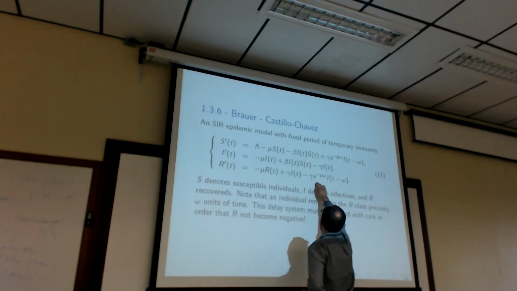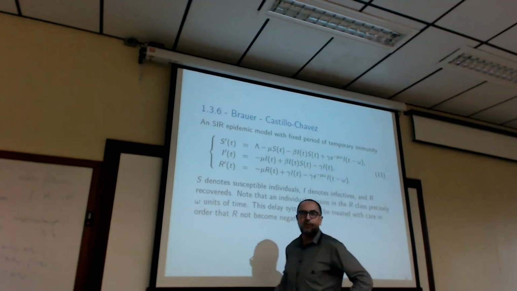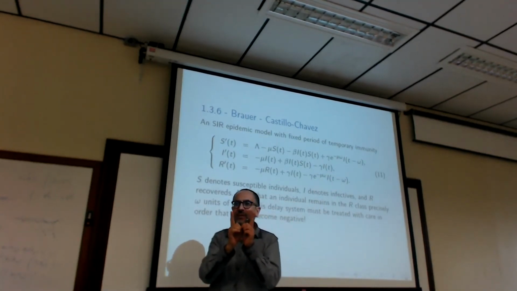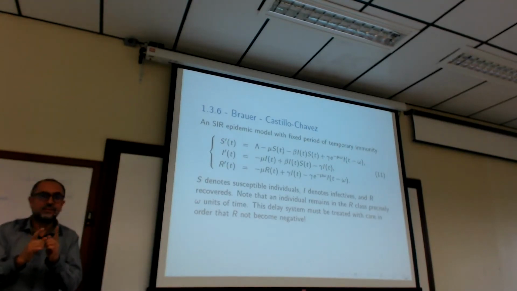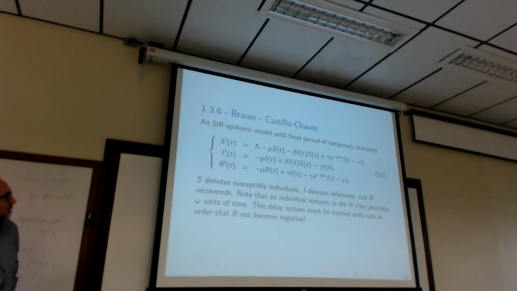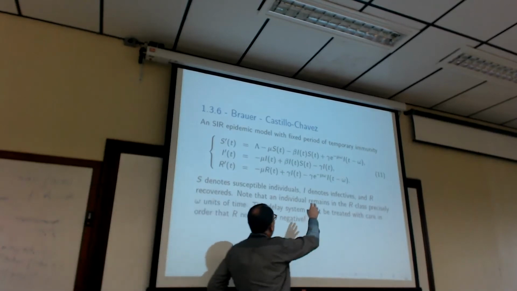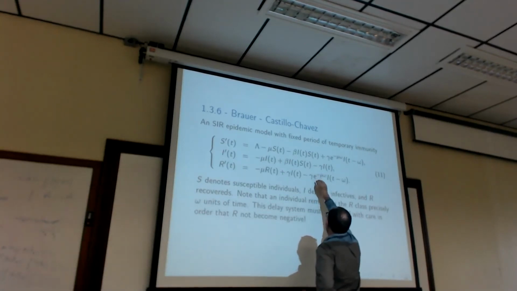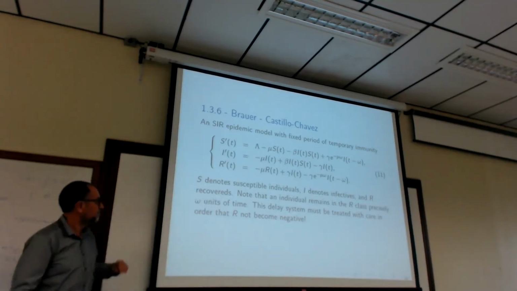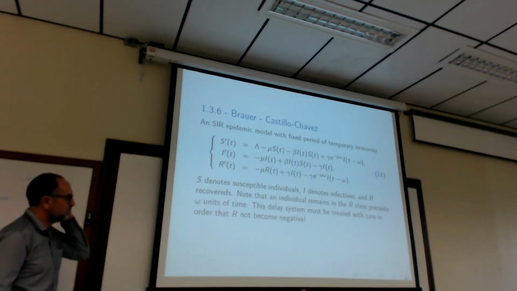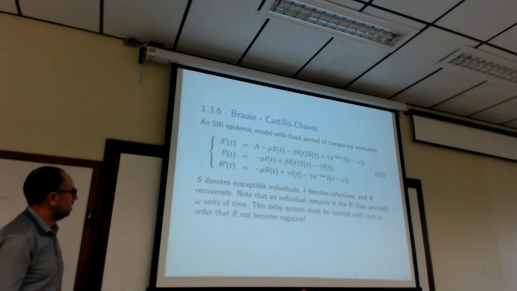They are removed, and after that they become susceptible because the immunity is not forever. Then we take them from the infected population to become susceptible again, and they stay in this removed class exactly omega time.